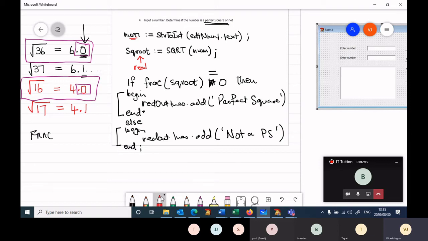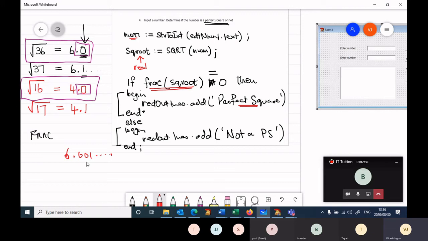So what we are saying is that you're going to find the square root and you're going to check the fractional part. If that fractional part equals 0, then that has to be a perfect square. But if it's greater than 0 or it's not equal to 0, so with the square root of 37, for example, you could have 6.001, whatever, as an example.